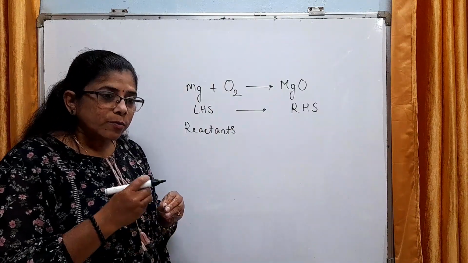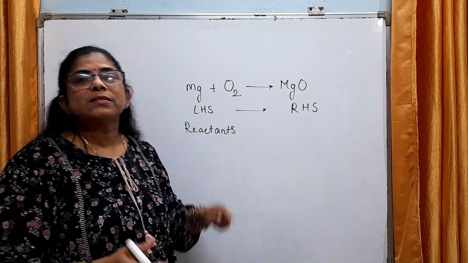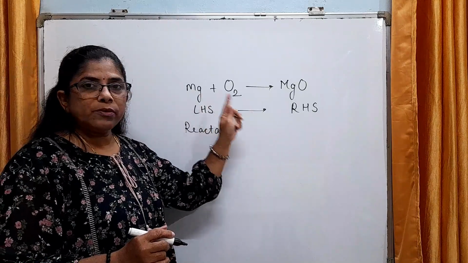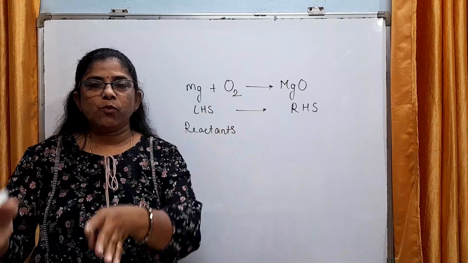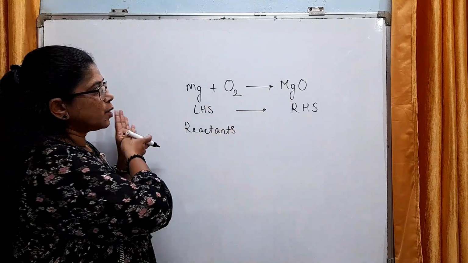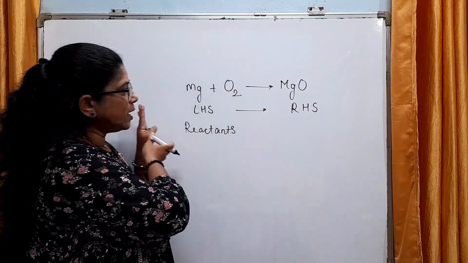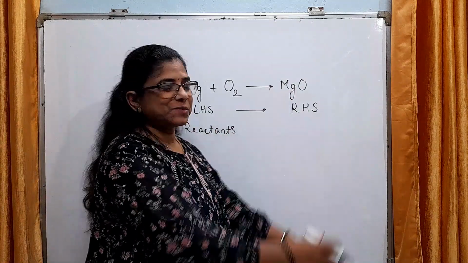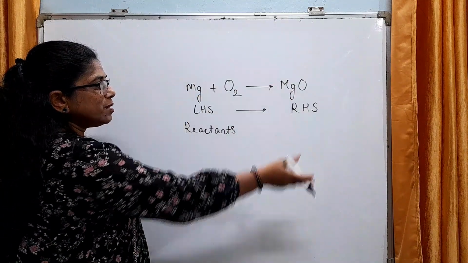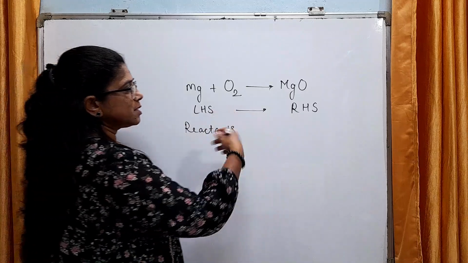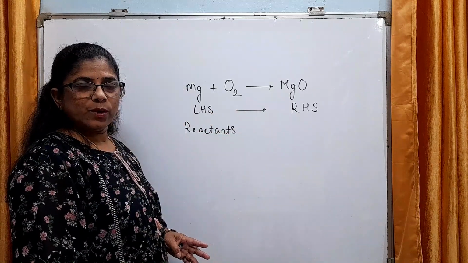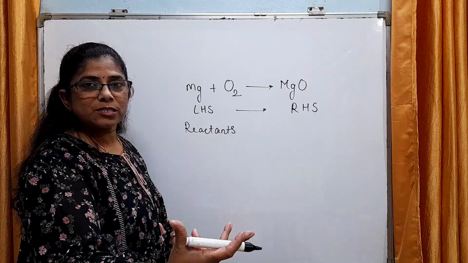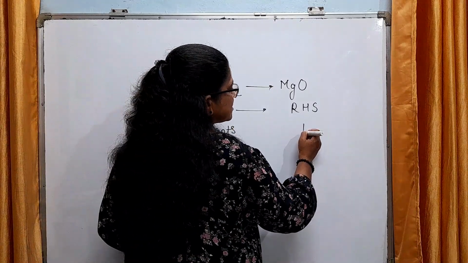These are reactants which are written on the LHS side. If there are more reactants, then we write all the reactants with plus sign in between. Yes, 1, 2, 3, 4, all these substances are going to start their journey. They are going to enter one chemical reaction. And on the other side, that is on RHS, what finally we get? What is the final product? So that is written here.